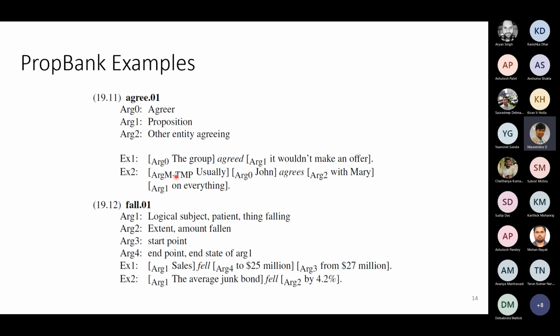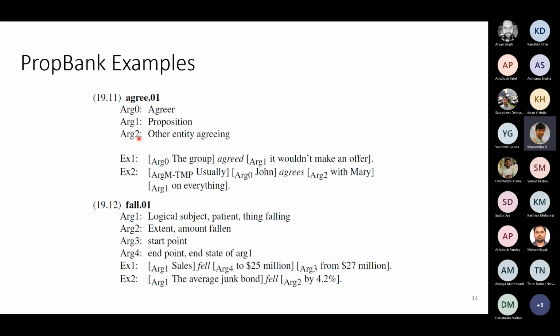So what do we see here? For each verb, different senses are marked, identified, and for each of the sentences, these kinds of things, arg0, arg1, arg2, what will be their meanings? Those are listed, and there are some examples where the input sentences are annotated with these kinds of labels.